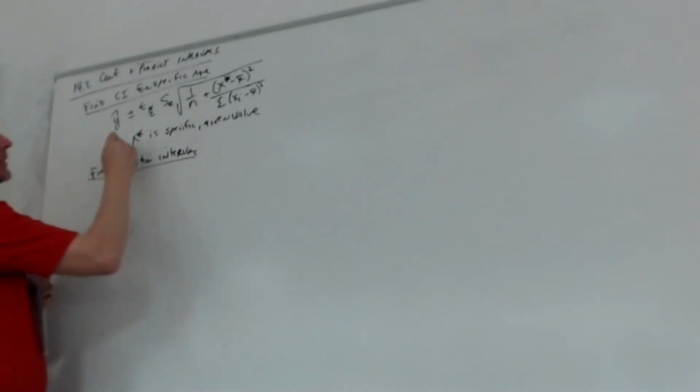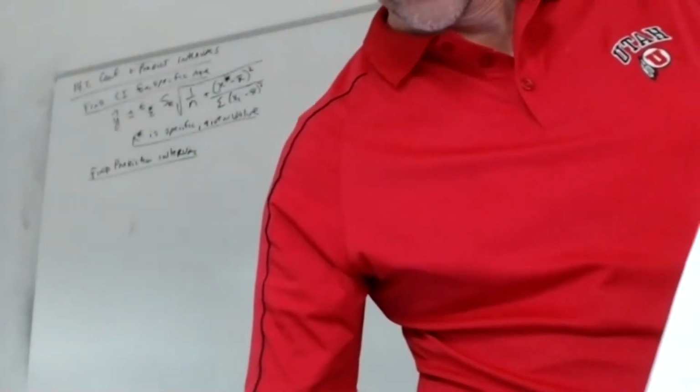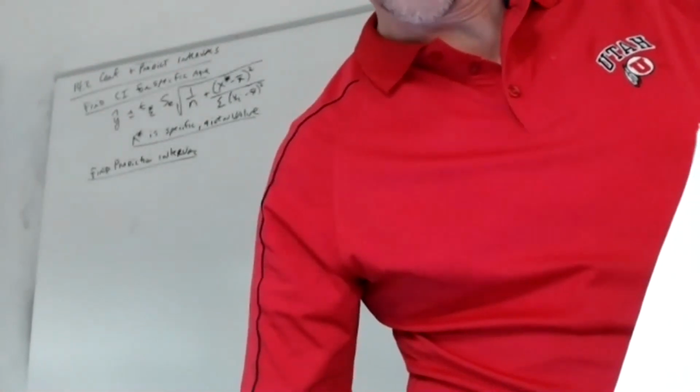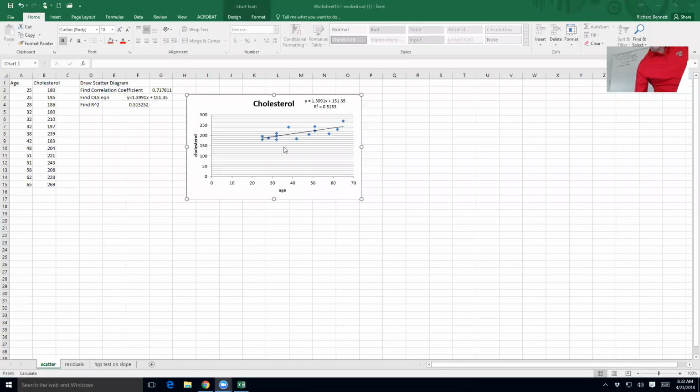You can think of this as what would be the mean cholesterol level of, say, a 35-year-old person. If I look at my graph, let me share my graph for just a second. A 35-year-old person would be about 200. You'd predict them to have about 200. You can get a better value here for what it would be.